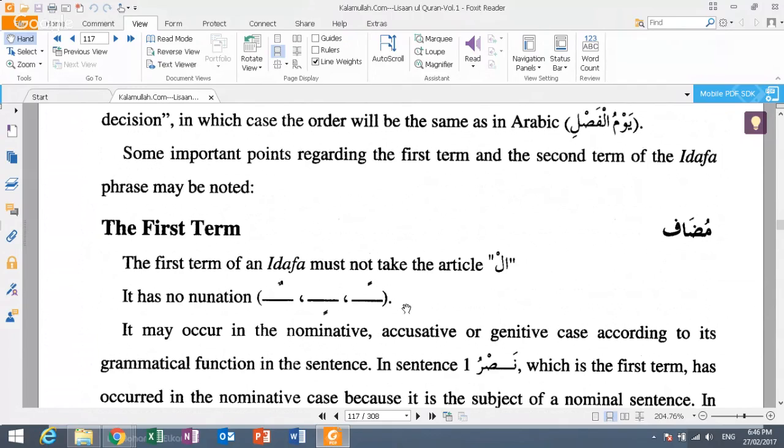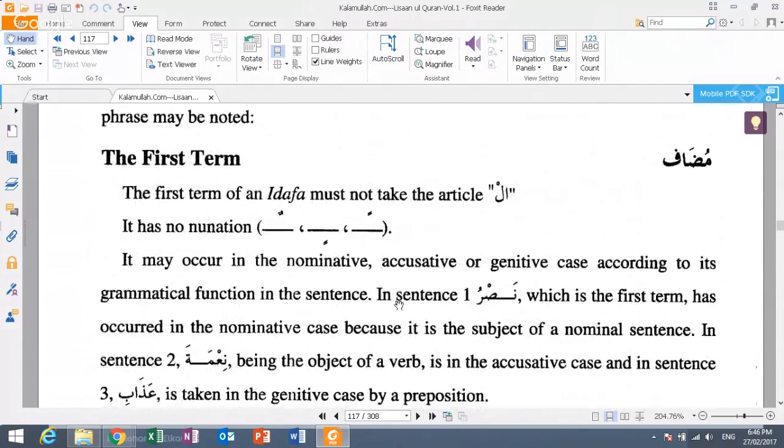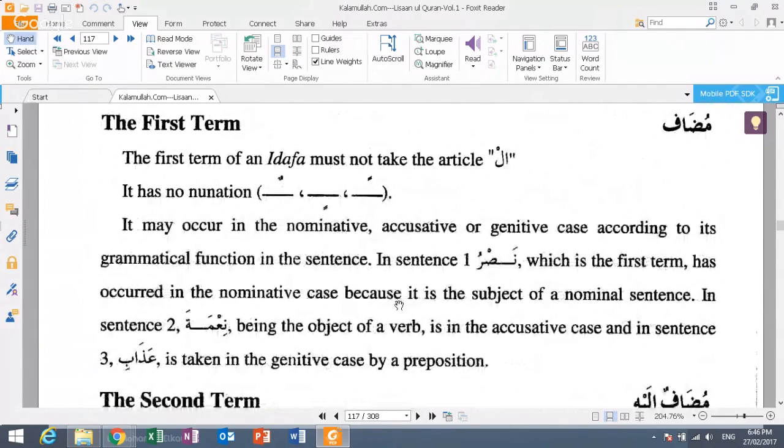It has no nunation, no Tanween on it in Mudaf. It may occur in the nominative, accusative, or genitive case according to its grammatical function in the sentence. It depends. If Rafi case, dhamma. Nasbi case, fatha. Jarri case, kasra. That's what I said here.